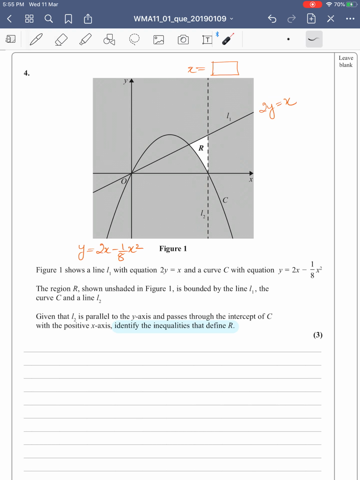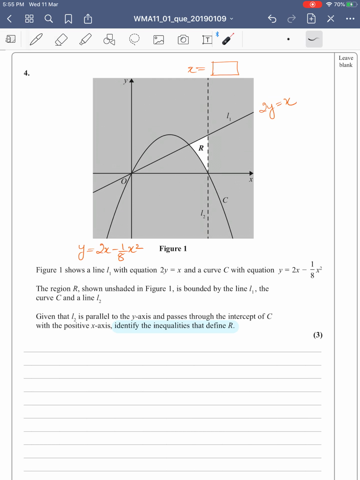Now, let us look at what the question is giving us. The question tells us that the line L2, which is the required line which we are trying to find out, is parallel to the y-axis. So we know that whenever a line is parallel to the y-axis, it has its equation in the form of x is equal to a certain number.